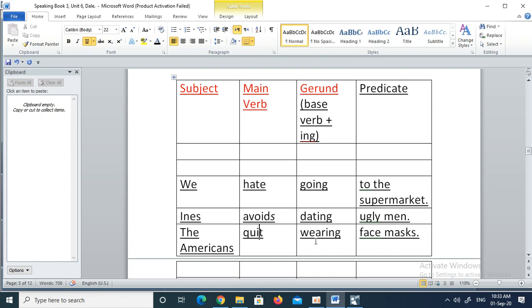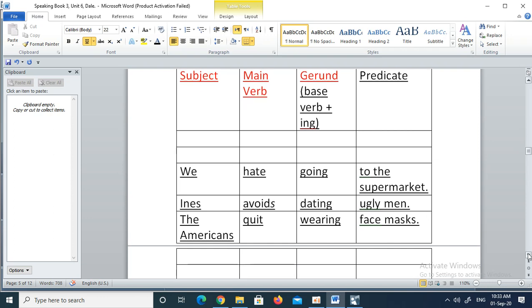We have a gerund from the main verb wear plus the suffix ing, and it becomes wearing. And we have an object, face masks. Now, that is perfectly all right. And if you gave me any sentence where you put a subject in the first block, you kept the verb quit in the second block, you had a proper gerund in the third block, and the right object in the fourth, that sentence should be correct.